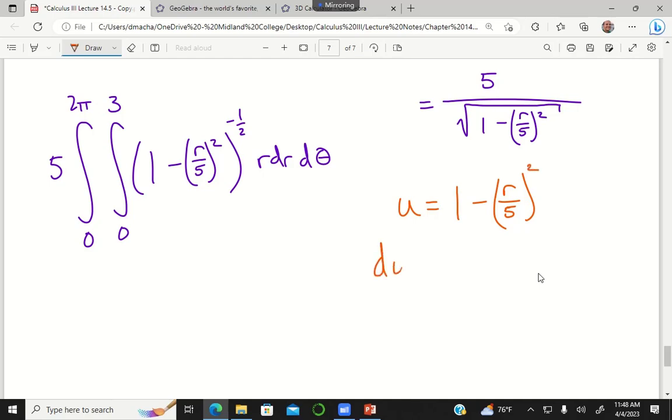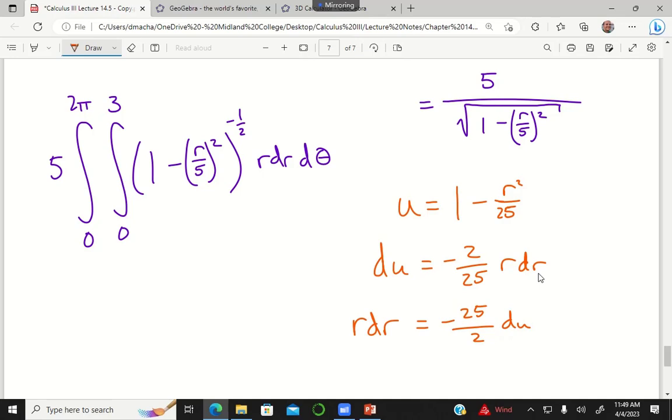So that means du is going to be, sorry, I keep modifying things, negative 2 over 25 r dr. Am I right? Which means I can replace r dr with negative 25 over 2 du.